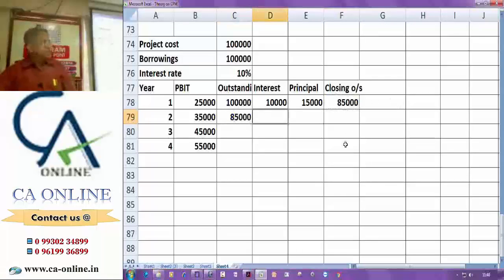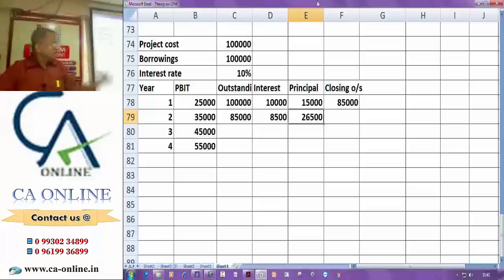Next, what is the interest? 8,500. How come 8,500? Excellent, you are closely following. Innocent person also, same time intelligent. Next, principal amount. How much is the principal amount you pay? Excellent, 26,500. How did you get 26,500? Sir, by calculator only. What are the numbers that you have taken?